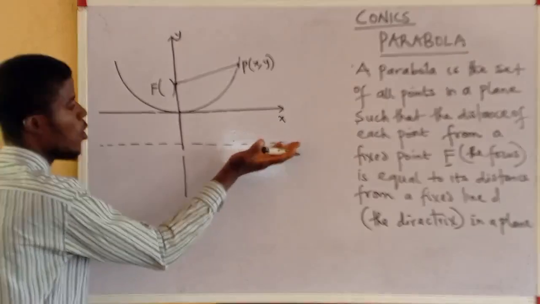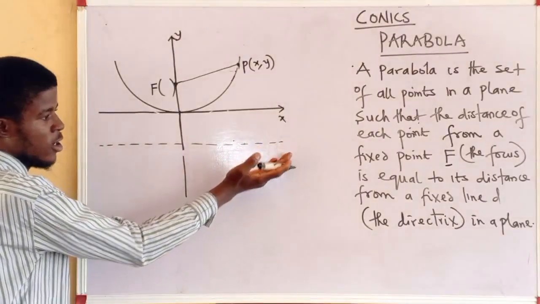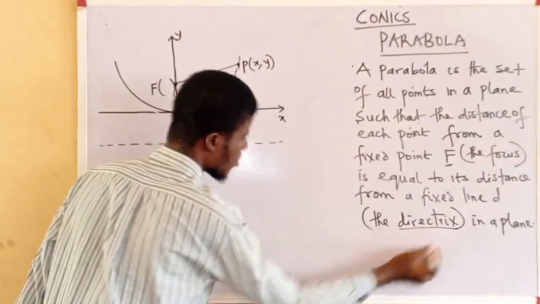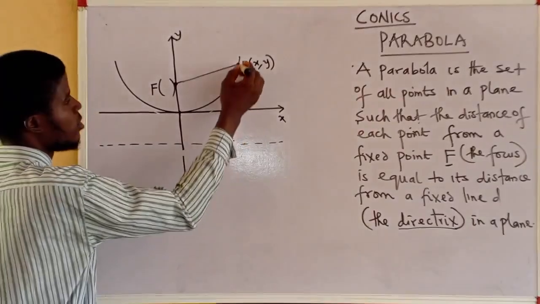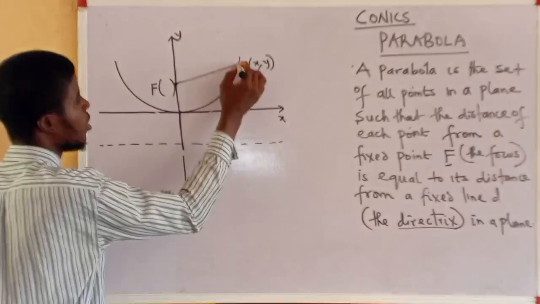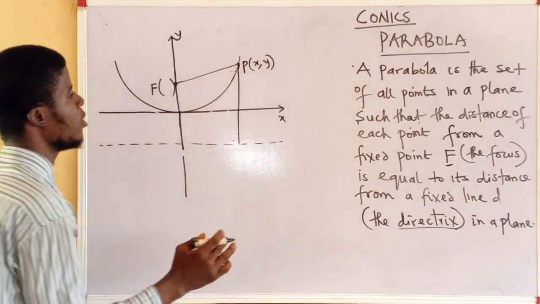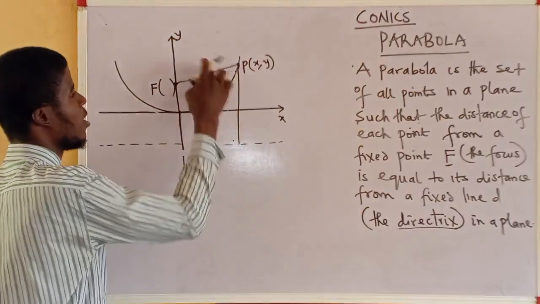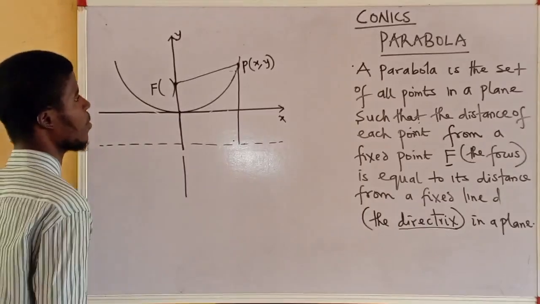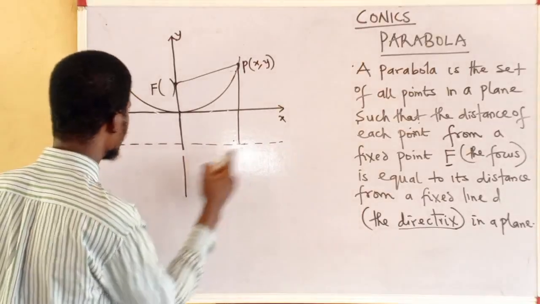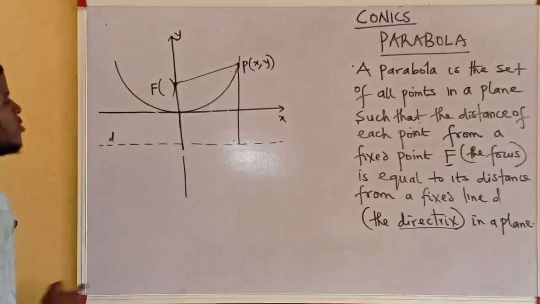This line is called the directrix. Okay, so this is it. The distance from here to here is the same as the distance from here to here. Pardon my drawing, these two lines are equal in length. So this is the directrix. This line D is called the directrix.